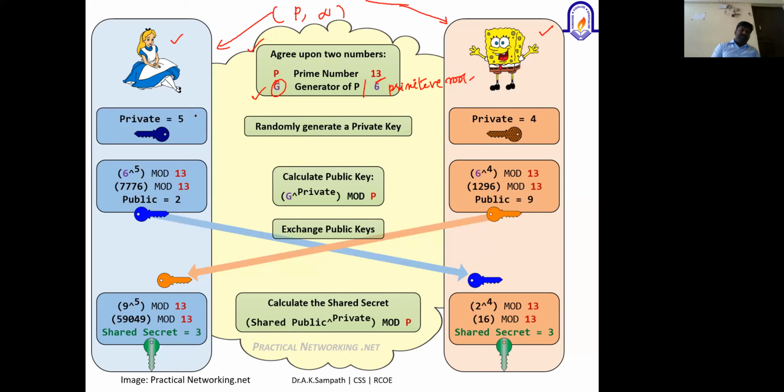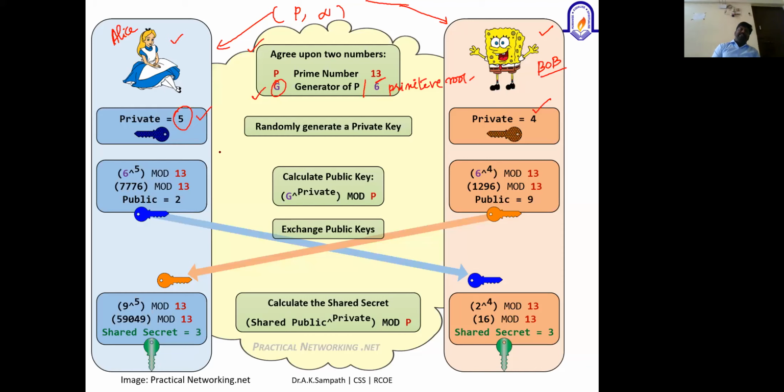Here, user A, Alice, will select its private key. Similarly, Bob is also selecting his private key. Now both Alice and Bob have selected their private key. Now based on the private key, they will be calculating the public key.